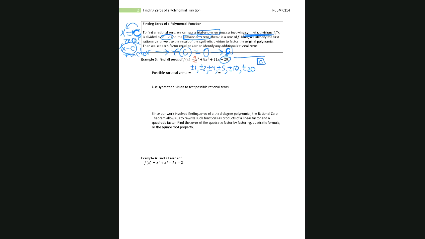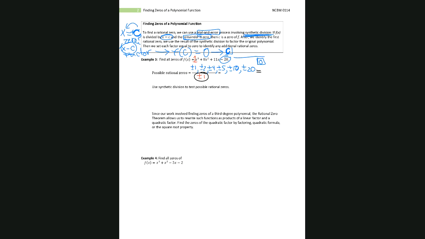And so that makes things easier because we will just be dividing by plus minus 1, which will actually allow us to say that our possibilities are just going to be the factors of the constant term, because we're just dividing by 1.